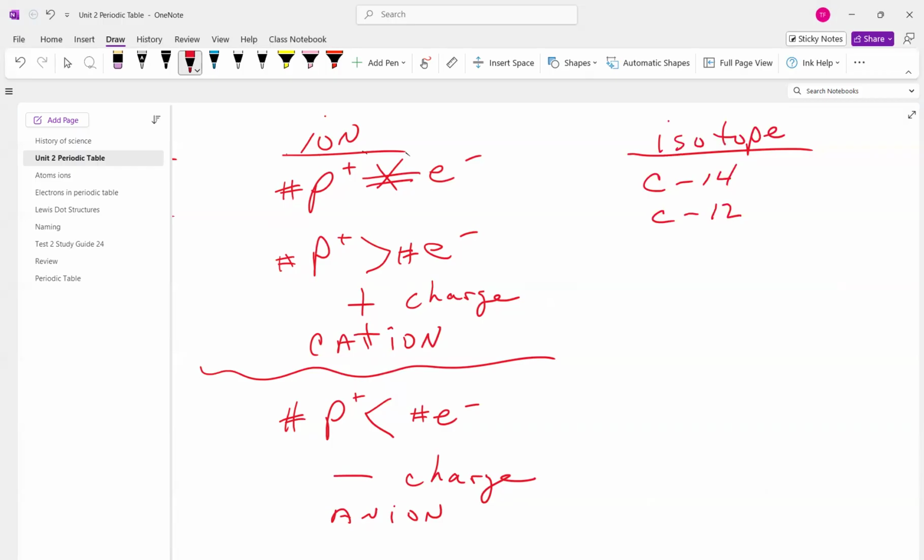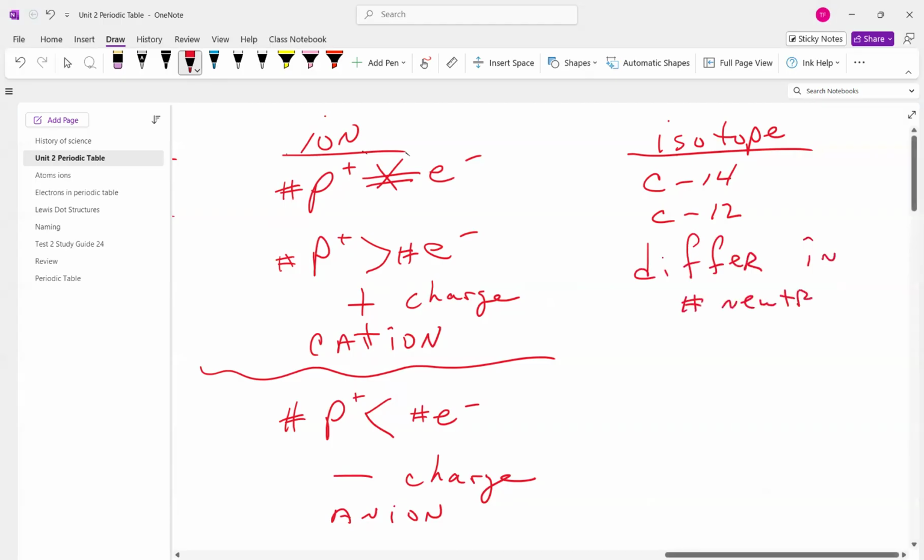The difference is the number of neutrons. So isotopes differ in the number of neutrons. So to figure out how many neutrons carbon-14 has versus carbon-12, you first figure out how many protons.